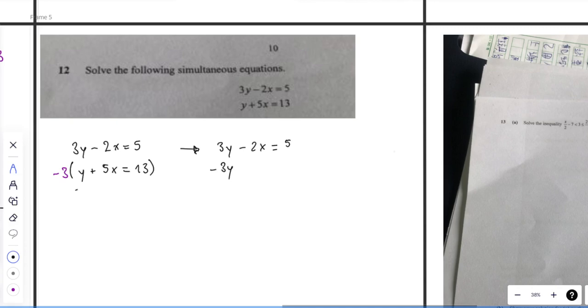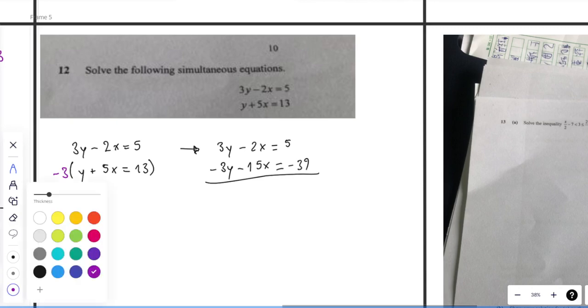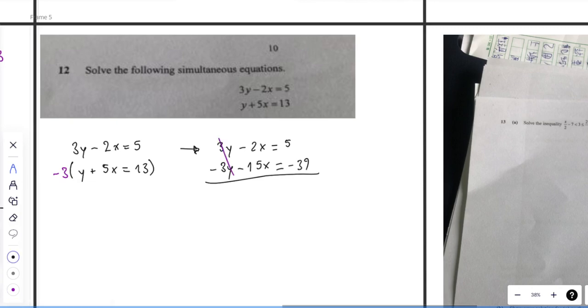And on the bottom, if I multiply everything by -3, that's -3y minus 15x equals -39. So if I add that all together, you'd see how the y terms cancel out and it just gives me -17x equals -34, which means if I divide by -17, I get x equals 2.